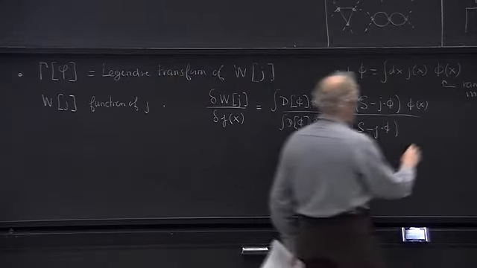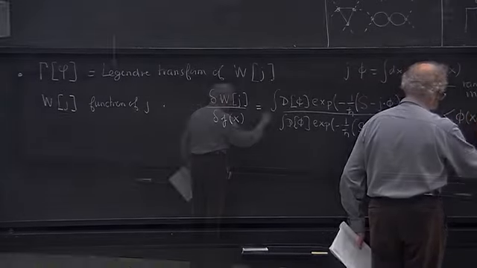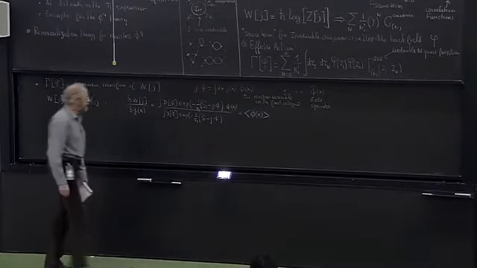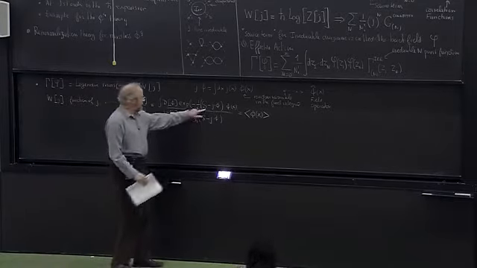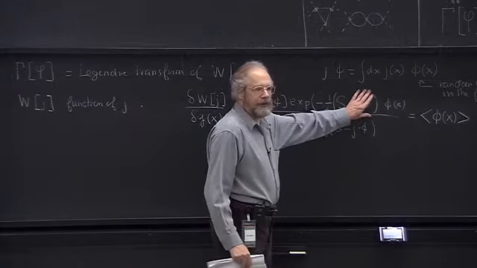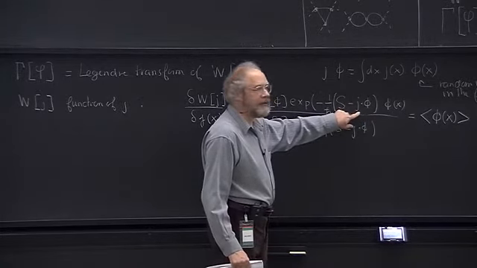So this is just the expectation value of the field phi at the point x, but evaluated not for the theory with no source term, but for the theory where I keep the source term in the action.